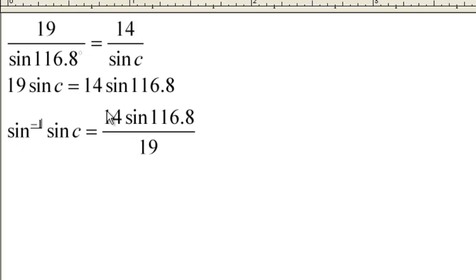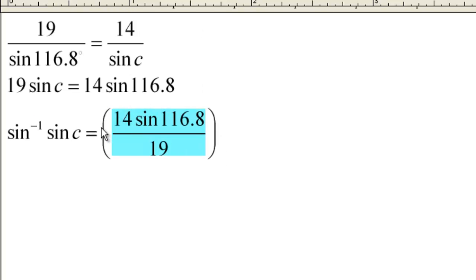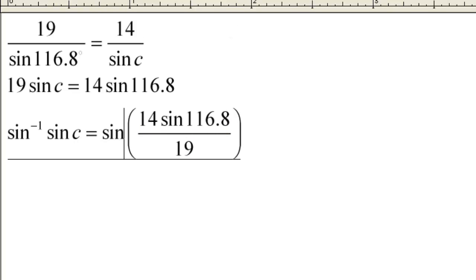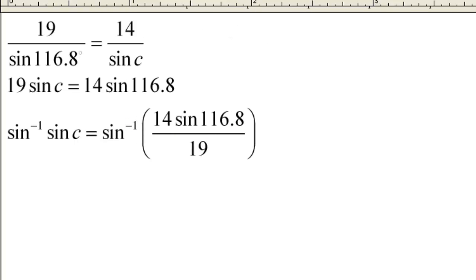And again, in order to get rid of the sine, I have to take its inverse. And if I take the inverse on one side, then I have to take the inverse on the other.